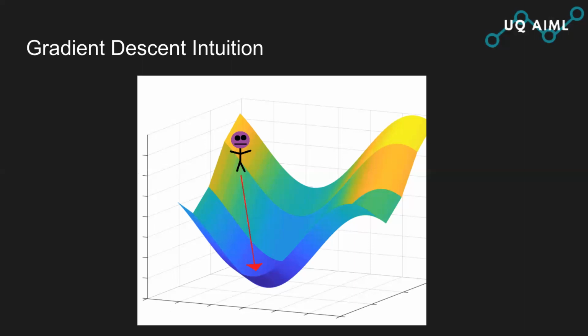This is the idea behind the gradient descent algorithm. We're descending. That's the common sense intuition behind how this algorithm works.